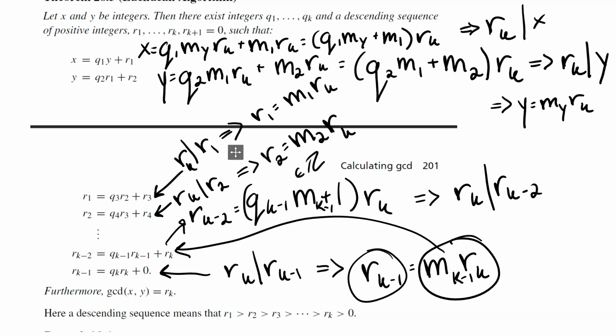Because we know that these remainders have to be less than the multiple, or at least the absolute value of the multiple. So it's not like r1 is going to be 2y or something like that. And that would really screw up a lot of our stuff. Okay, so we find the smallest things, smallest things, smallest things.